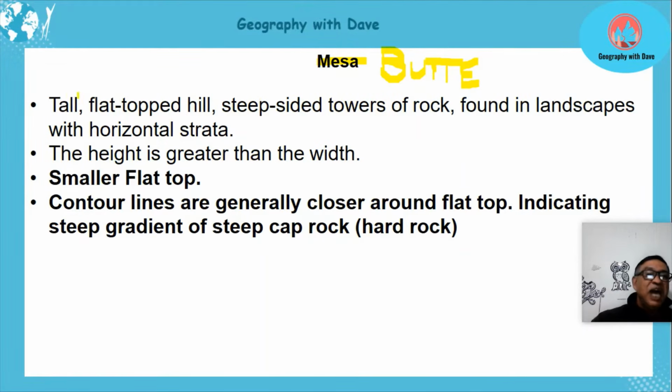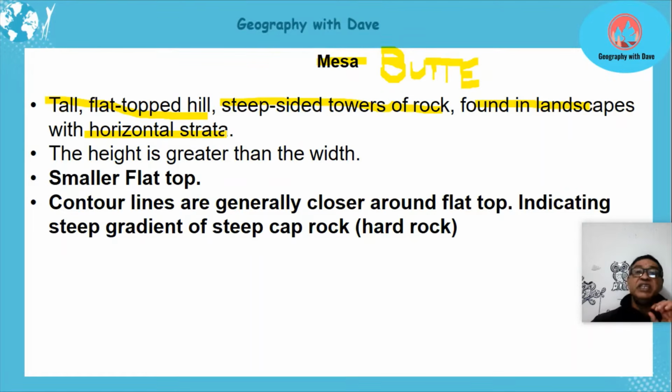So it's a tall flat-topped hill, because the width is not greater than the height. The height is greater than the width, so it looks more tall. Steep-sided towers, same as the Mesa, found on landscapes associated with horizontal strata.